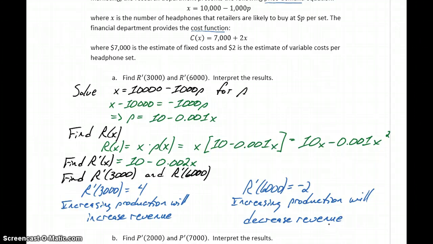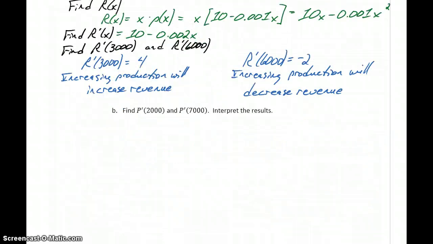Or alternatively, we could say that if we decreased production, that would increase revenue. So this always tells us our relationship, what's going to happen if we increase our production. If increasing production is causing us to lose money, our better option would be to decrease production, and that would help us bring in more revenue.